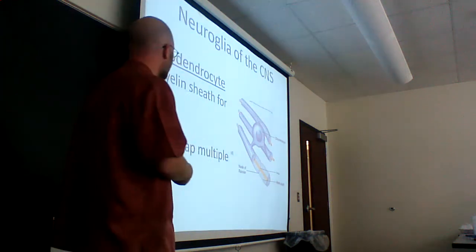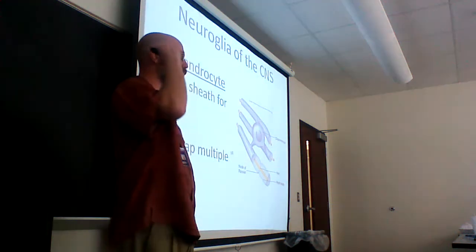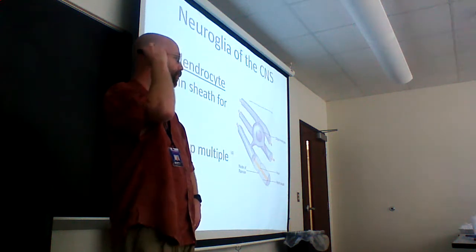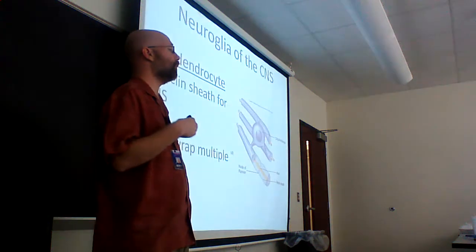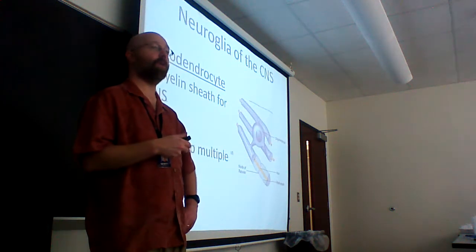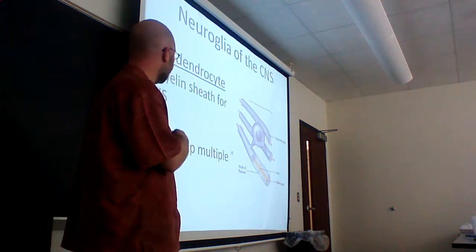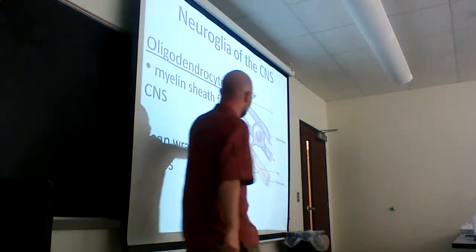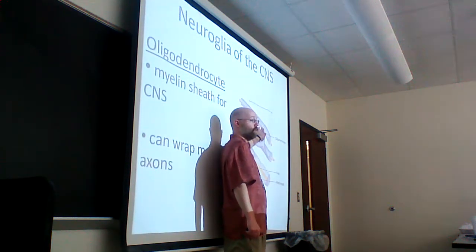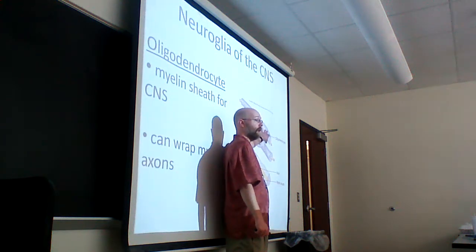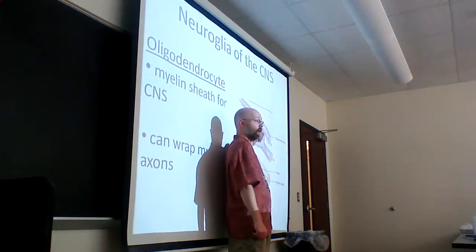You've got a lot more neurons within a given amount of space in the central nervous system. That means you need to be efficient in your use of cells. And so what you see is that an oligodendrocyte has a body that is actually completely removed from the myelination, right? That's different from Schwann cells.